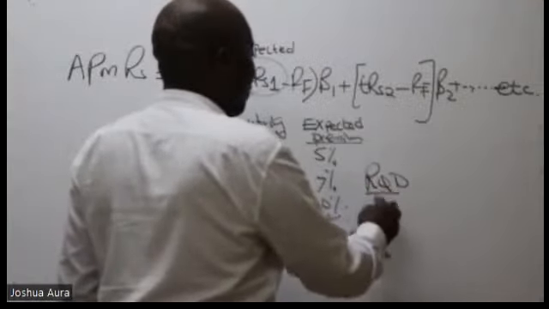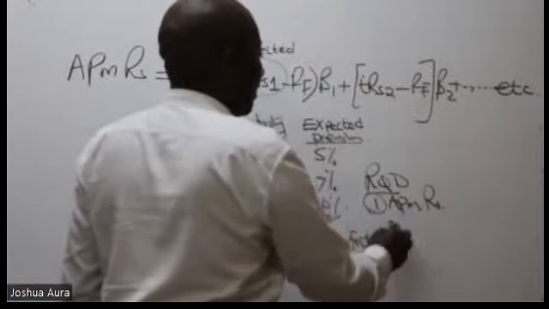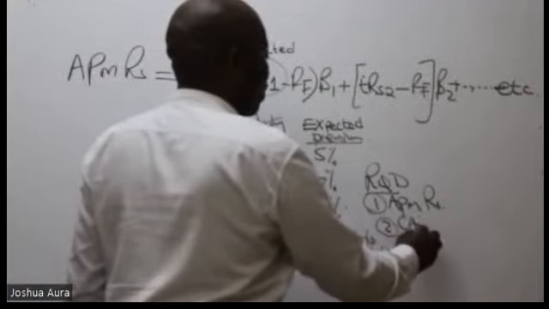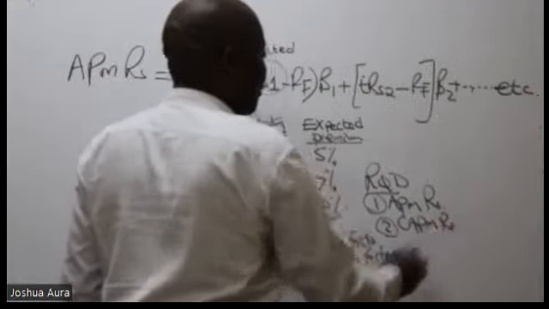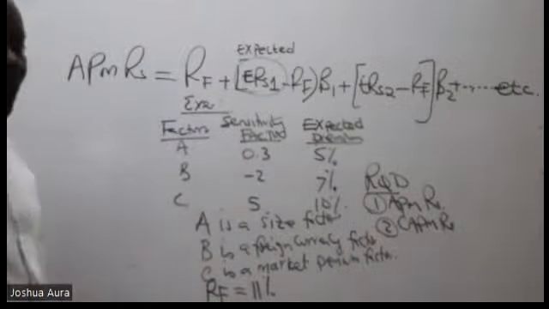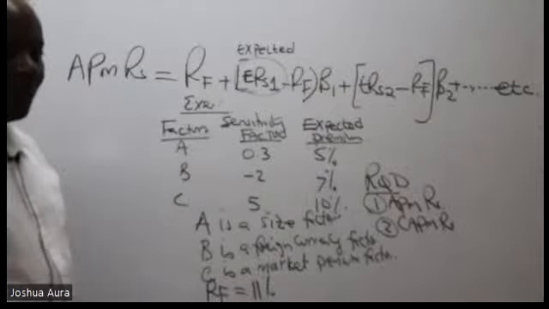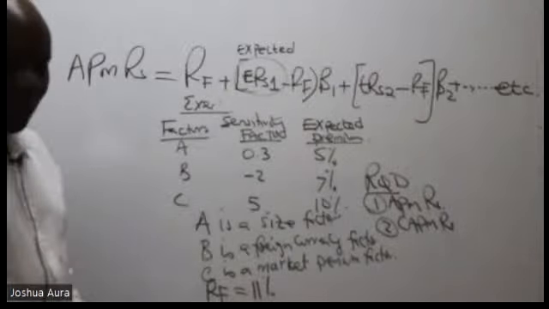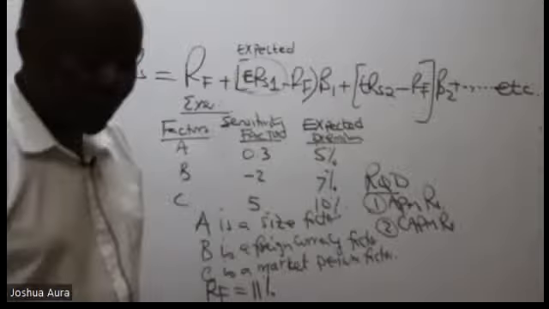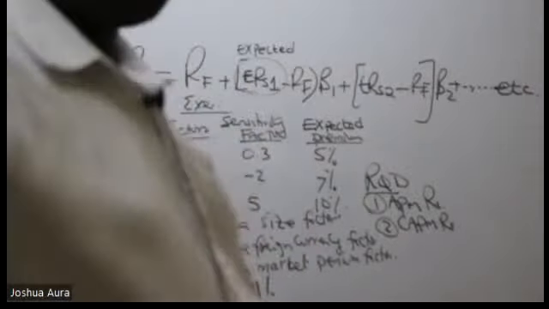Number 1, get the APM returns, and then number 2, get the CAPM returns.